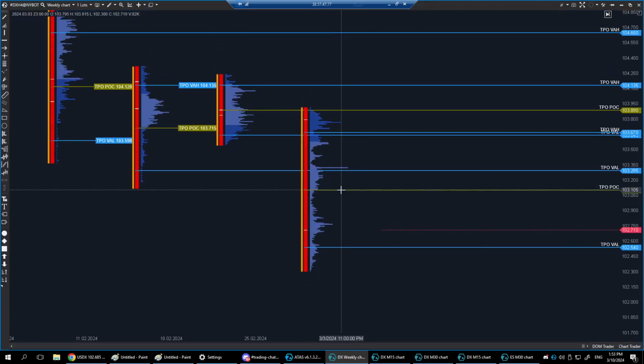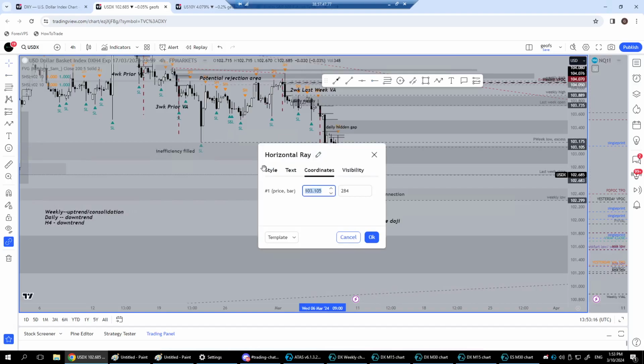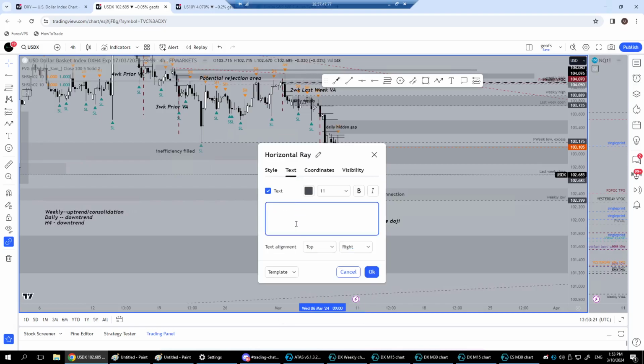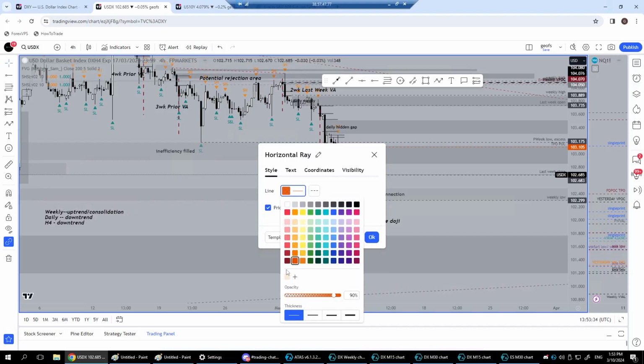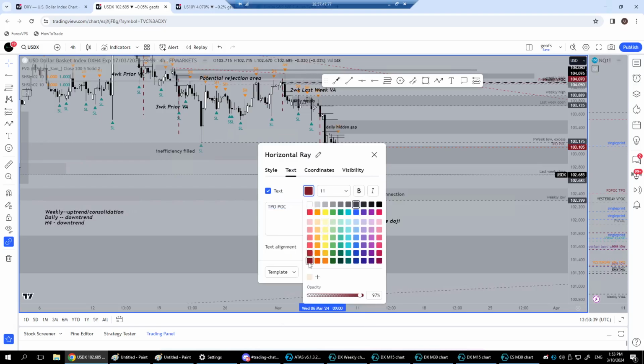So we've got TPO POC 103,105. I'm gonna make TPO levels red, just to avoid confusion.